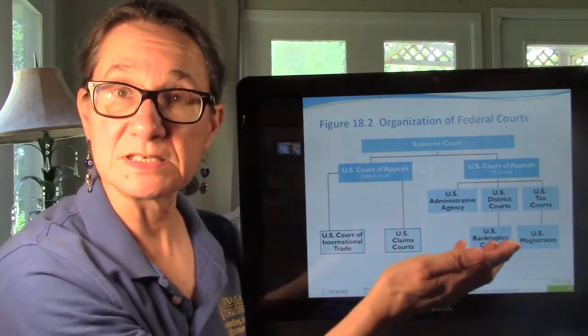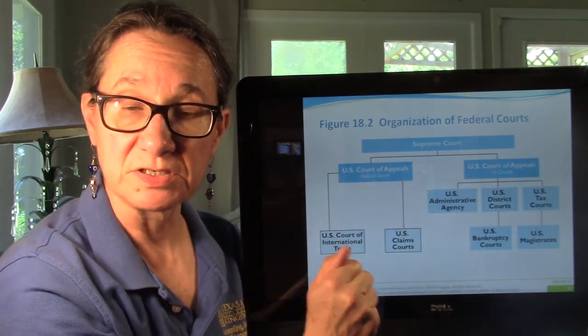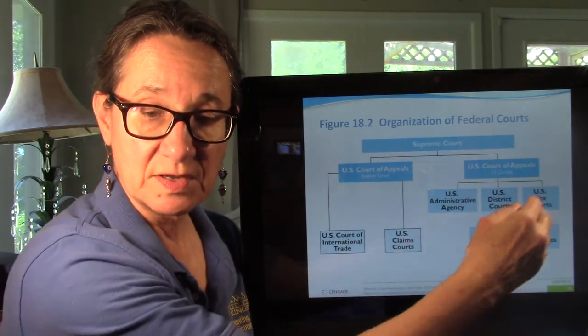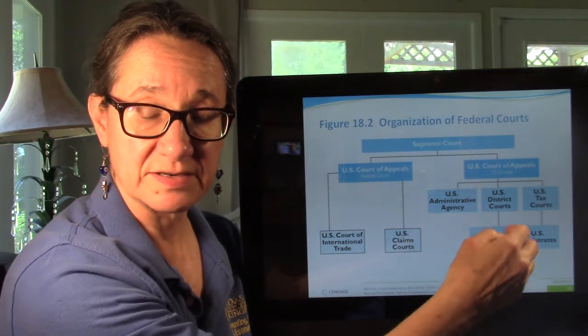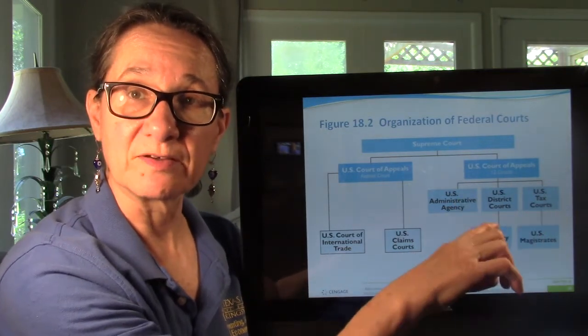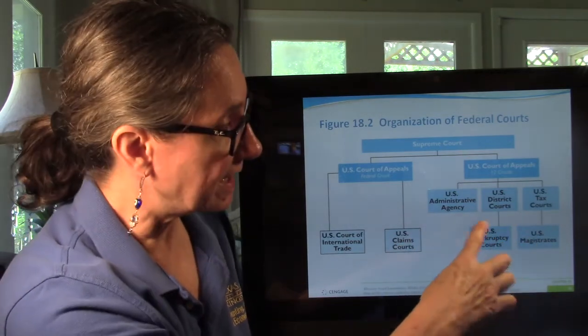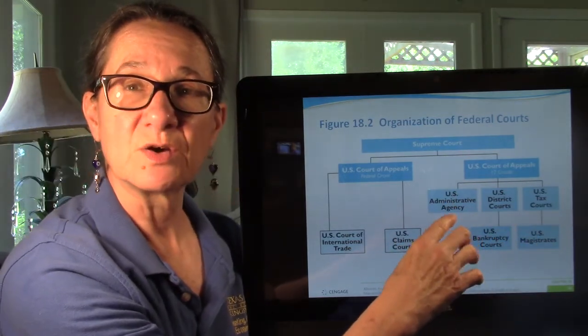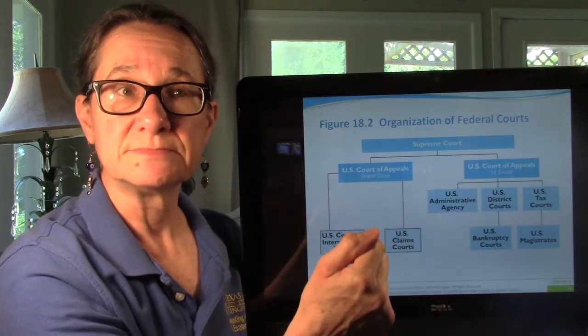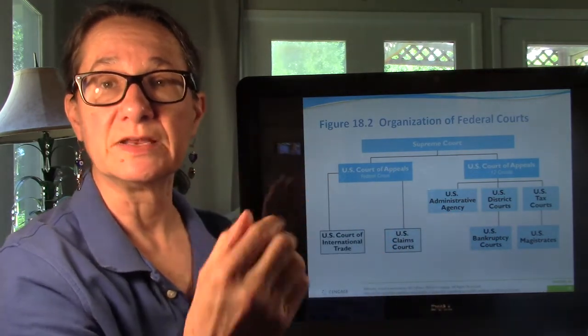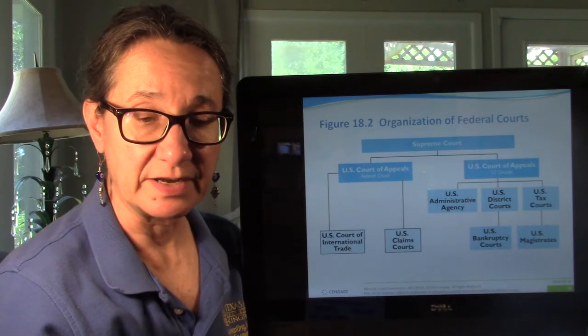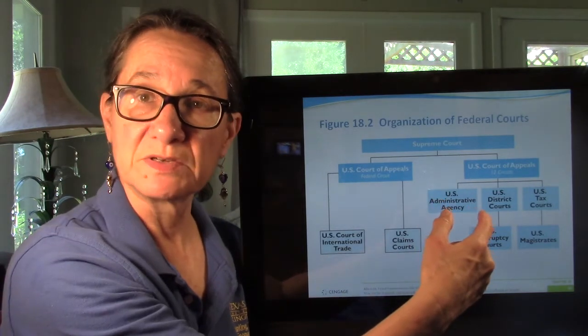Bankruptcy is a federal law that allows you to declare bankruptcy. So the bankruptcy courts, tax courts, right? The IRS wants to get you in trouble. You want to fight the IRS, you could go to tax court. There's U.S. district courts, administrative agencies. So if you violate the EPA, let's say you're a company and you do some polluting and you violated an EPA registration, that's a U.S. administrative agency.